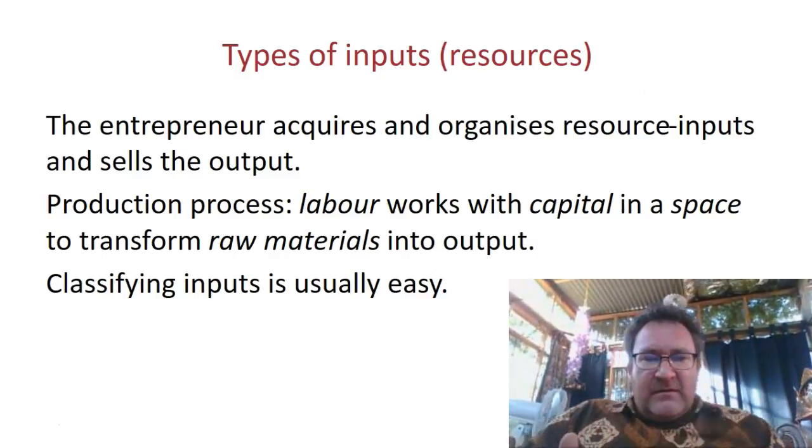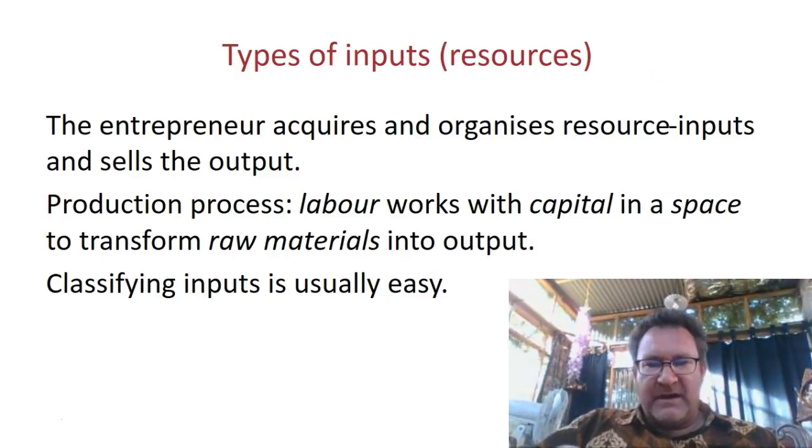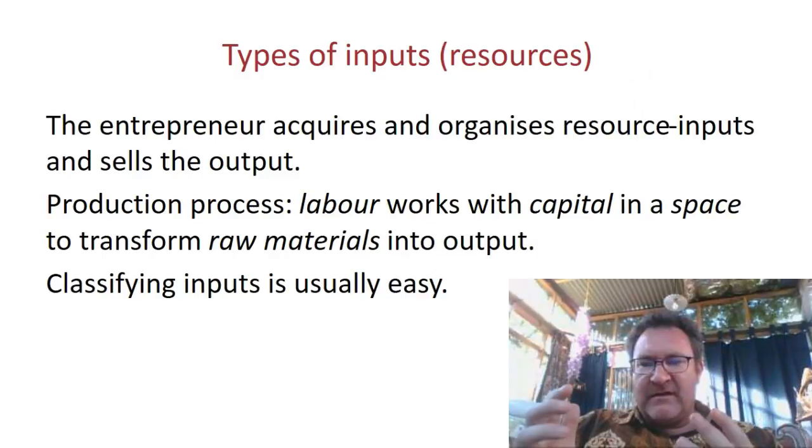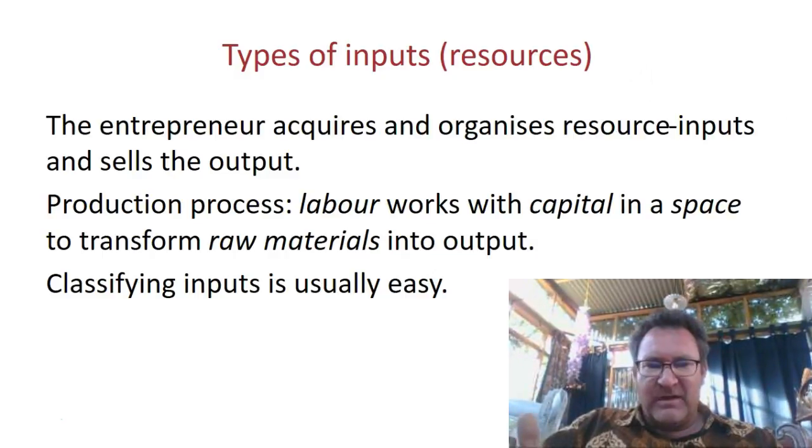We've got labour, which is workers, human beings, and they work with capital. Capital here means tools, equipment, and then we've got space, that is the land on which a factory, for example, or an office space will be located. And we've got raw materials.